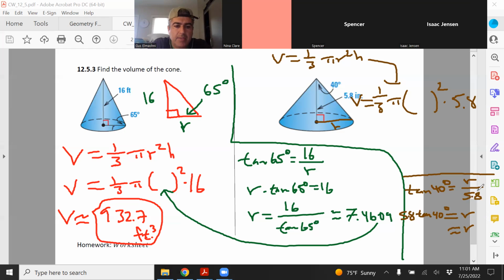Just 4.8668. 4.8. And you square that times 5.8 divided by 3 times pi.